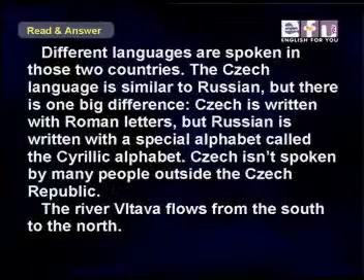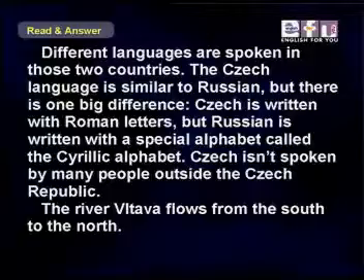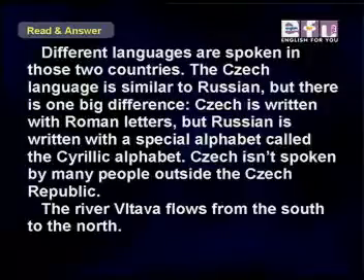Different languages are spoken in these 2 countries. The Czech language is similar to Russian, but there is one big difference. Czech is written with Roman letters, but Russian is written with the special alphabet called the Cyrillic alphabet. Czech isn't spoken by many people outside the Czech Republic.